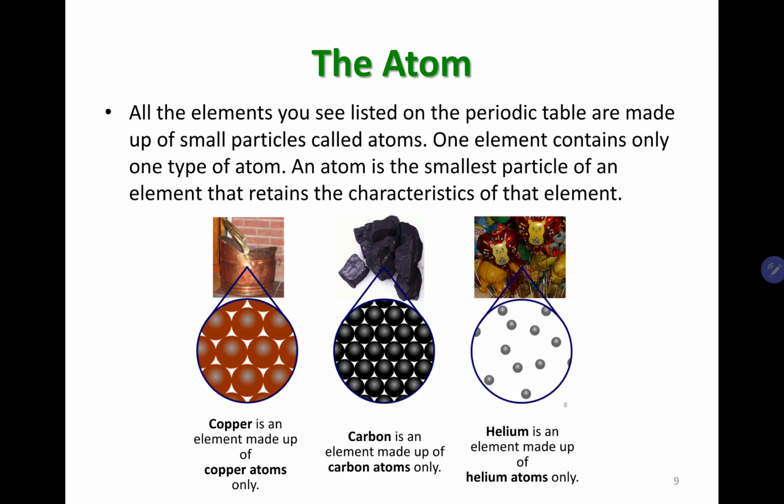So in this figure, in this slide, I have three different elements: copper, carbon and helium. Of course you can see copper and carbon, but you couldn't see helium with your naked eye. But when you take a piece of copper or carbon, that piece is made up of elemental copper or elemental carbon respectively, and these elements are made up of small particles called atoms.